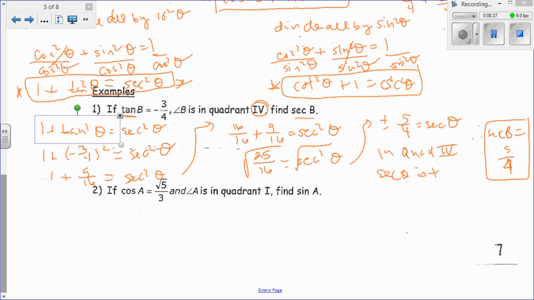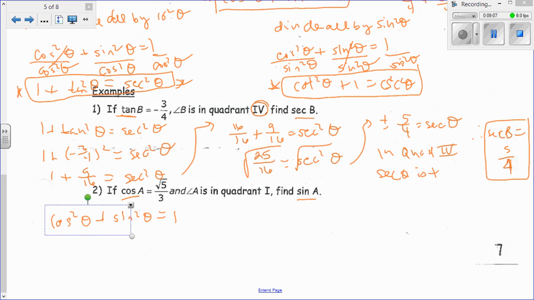Okay, for number 2, if cosine A is equal to the square root of 5/3 and A is in quadrant 1, find the sine of A. So the formula has sine and cosine, the original one. So it is cosine squared theta plus sine squared theta equals 1. Now our angle here is A, the other one was B. Doesn't really matter.